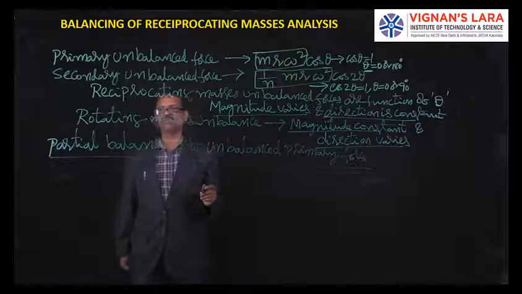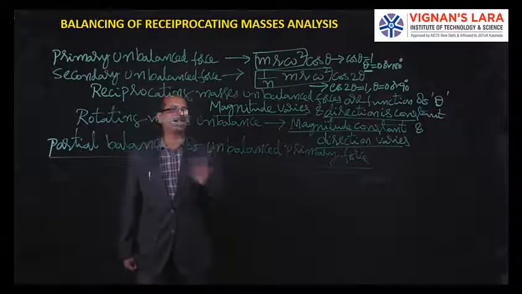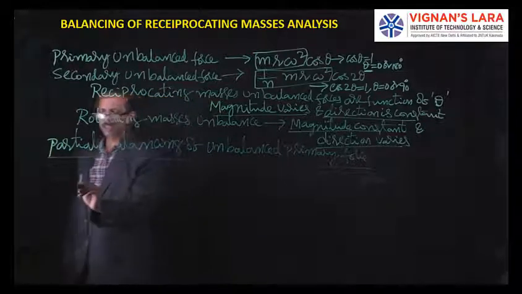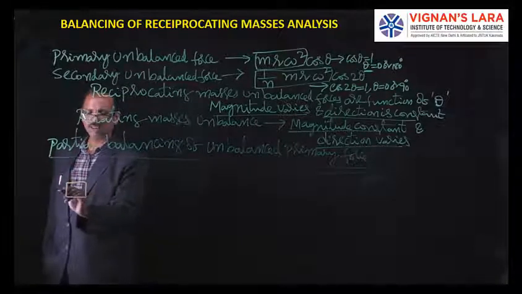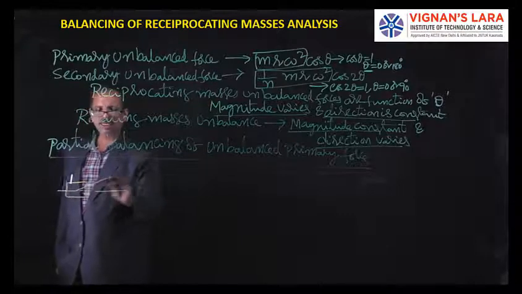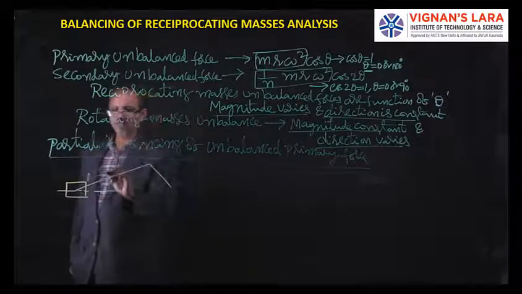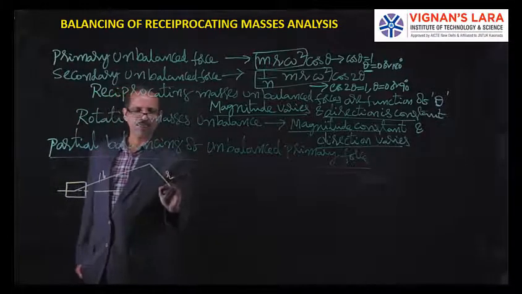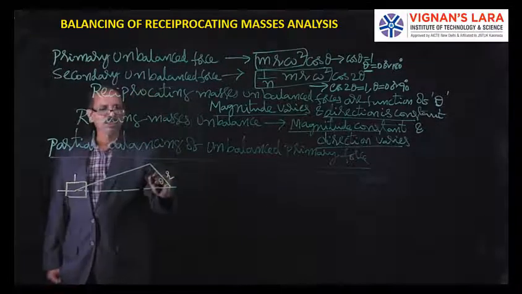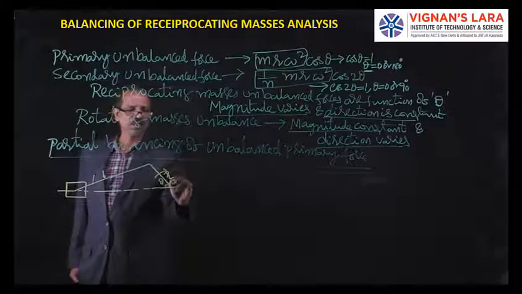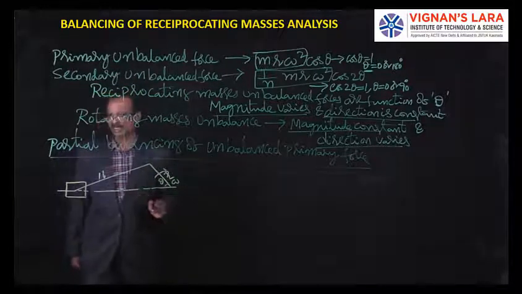Why don't we go for complete balancing of the primary unbalanced force? Let us see. I am repeating the same sketch: this is the piston, connecting rod and crank, with lengths L and r, making an angle theta, revolving with an angular velocity omega.